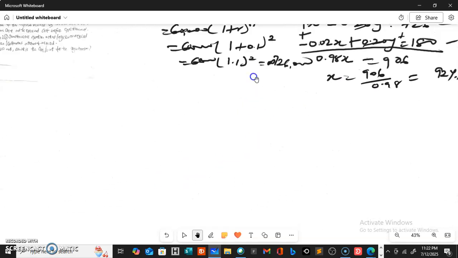So let's see, the cost allocation and apportionment sheet.